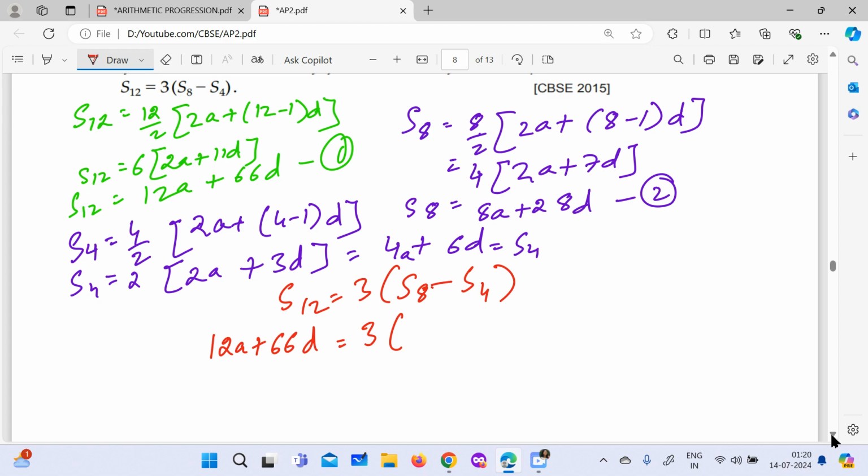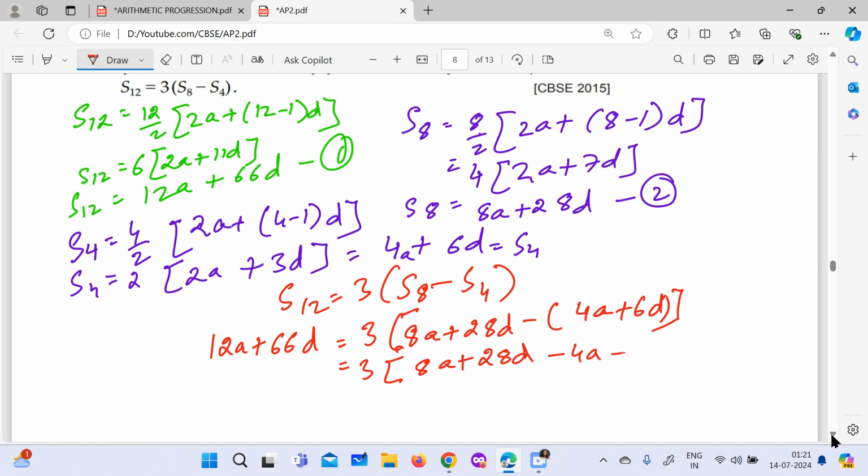So 3 times (S8, which is 8a plus 28d, minus S4, which we write as 4a plus 6d). Now you can solve this side, 8a plus 28d minus 4a minus 6d. So we will simplify this.